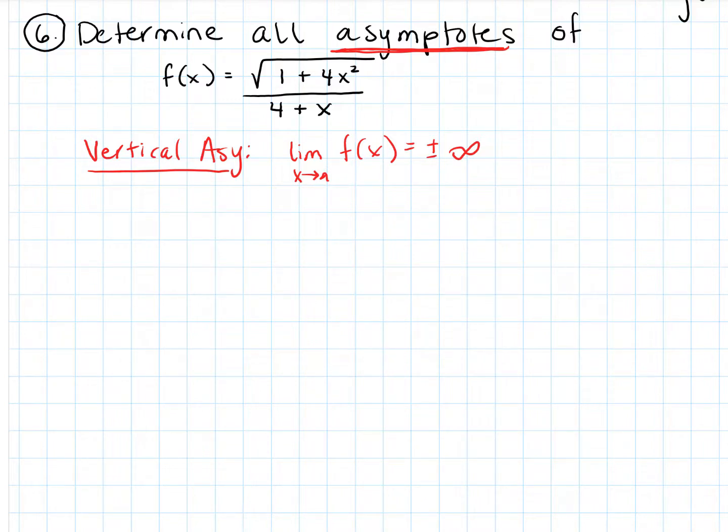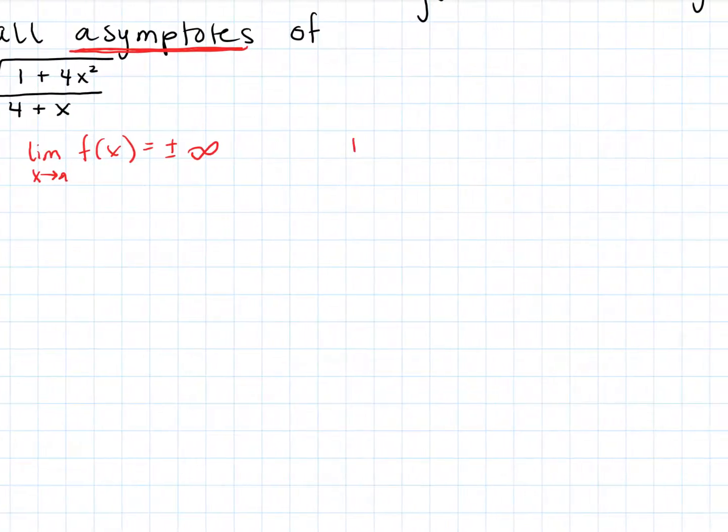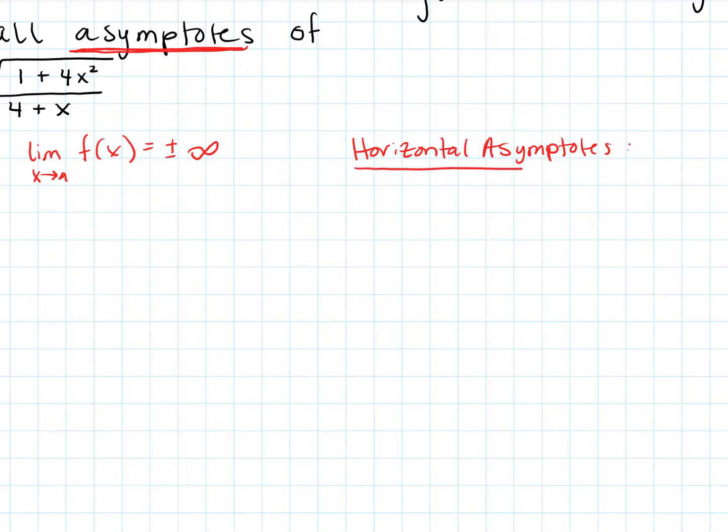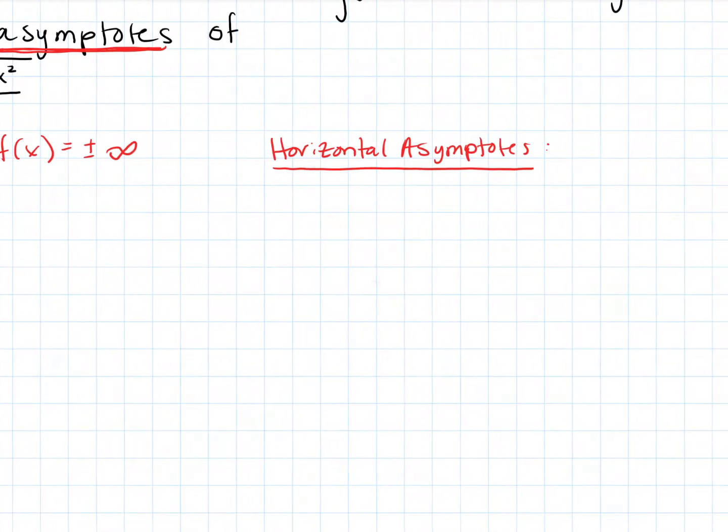And then let's also consider our horizontal asymptotes. Our horizontal asymptotes are going to be looking at the end points of the graph.